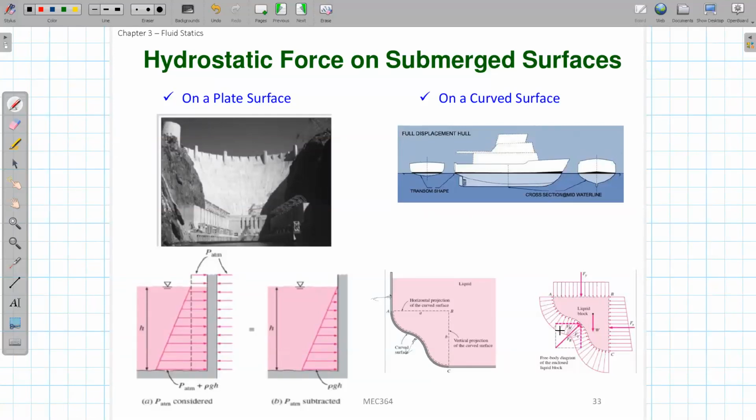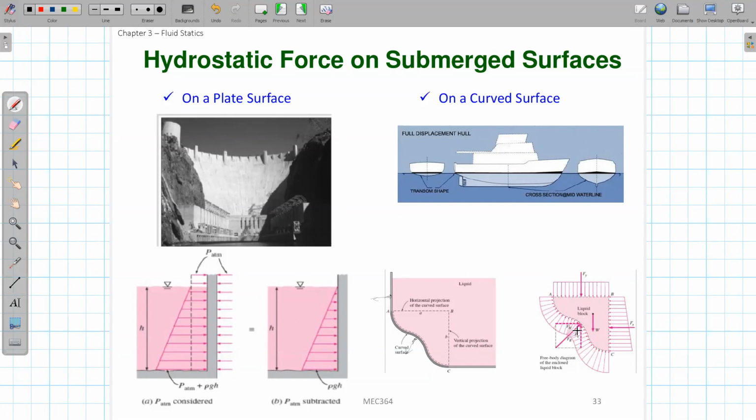And for this 2D problem, the way we can represent this pressure is that instead of using a scalar, as in the flat plate cases, for these curved plate cases we are going to use a vector to represent the pressure force.